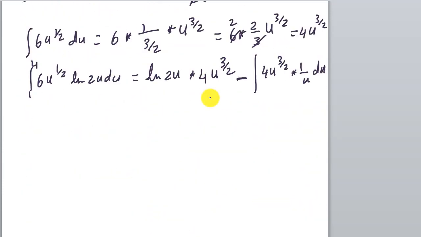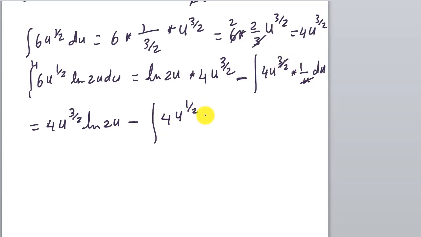So let us go ahead. It's equal to, again, 4u^(3/2) ln 2u minus. Now this one with this one will give us integration 4u^(1/2), because 3/2 minus 1 is equal to 1/2, du.